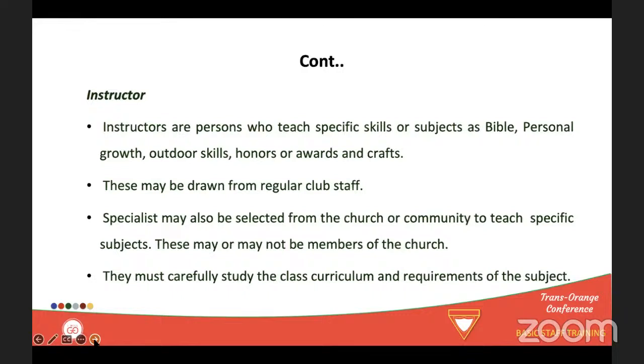So when it comes to specialists, for example, maybe you're teaching something to do with fire safety, maybe it's an award on fire safety, and you probably need someone from the fire department to come and demonstrate. Our adventurers, and not only our adventurers, our children, sometimes learn from seeing a real person who is actually doing that real job rather than just theory. So you go to your nearest fire department and request them to come and take the children through fire safety.